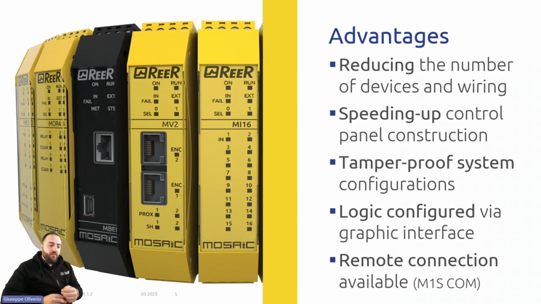In this case, we have specified certified function blocks. And now with the new controller with M1S-COM, it's also possible to do the remote connection through the RJ45. And remote connection plus the different levels of password will allow you to do different things.